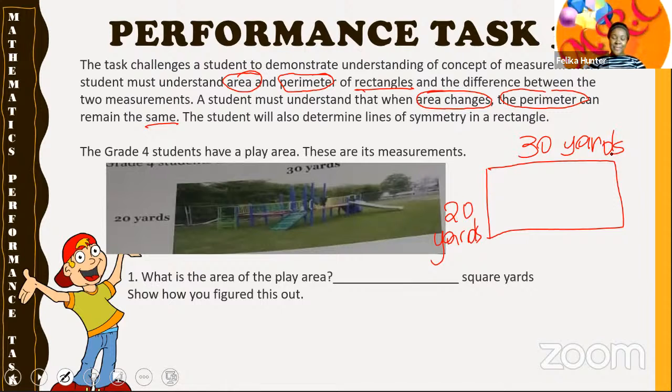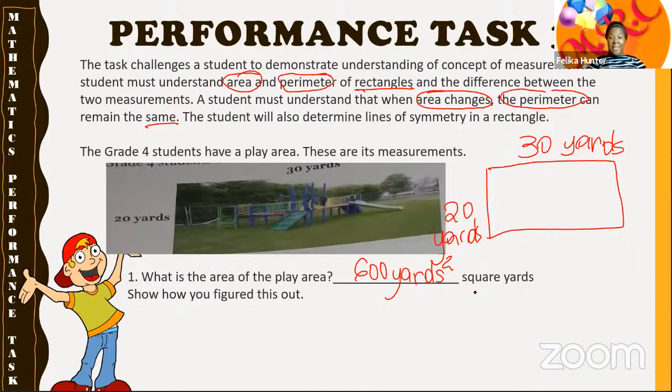And what is our area? 600 yards square. Go again, Sahari. Miss, it's 600 yards square. Okay, so 600 yards square. So that's the answer. Now, can you tell me how you got your answer?